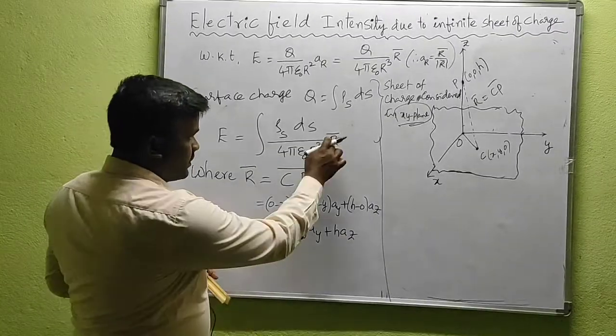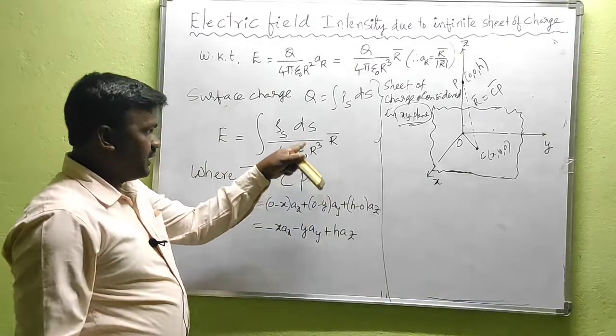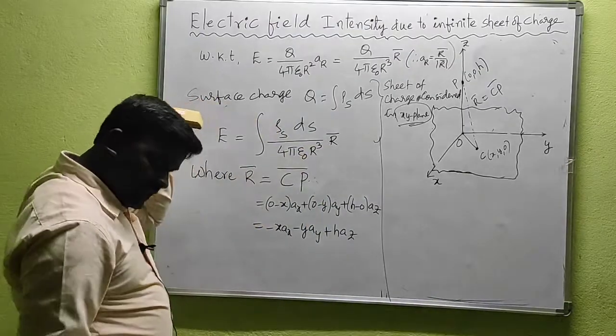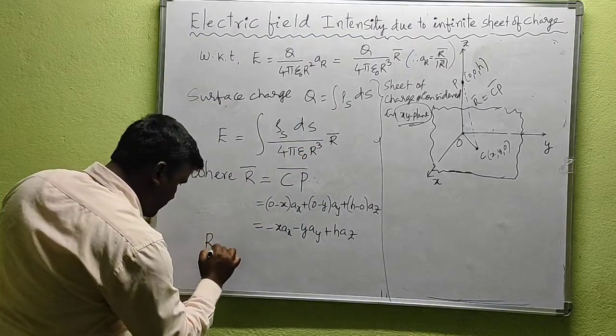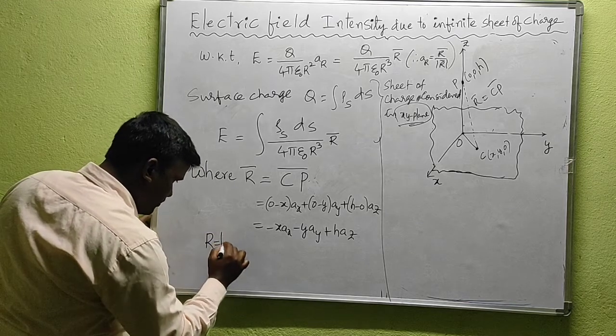But in this expression we have R bar as well as R cube. In order to find R cube, let us find R. R is nothing but mod R bar.